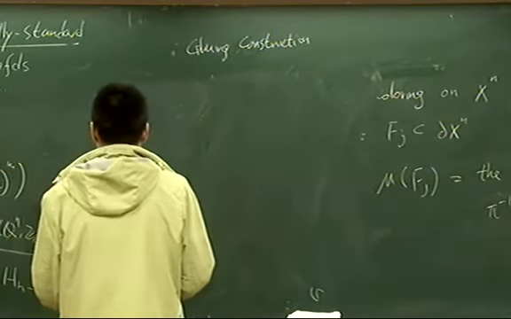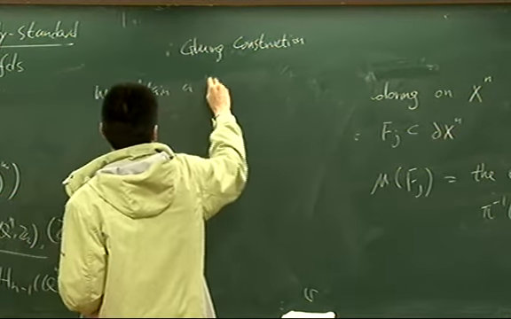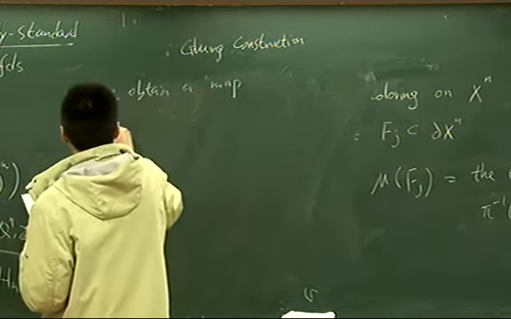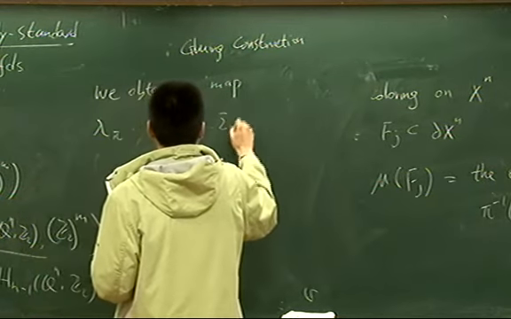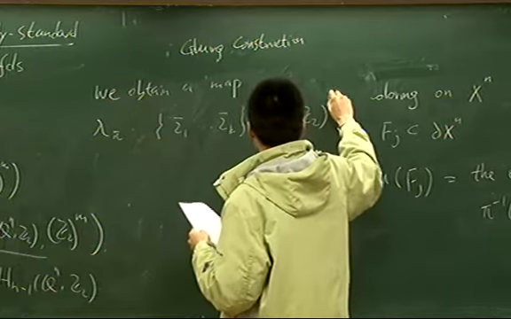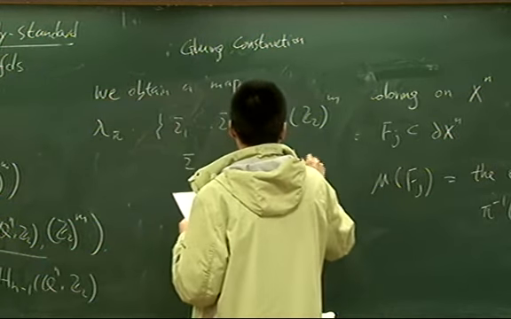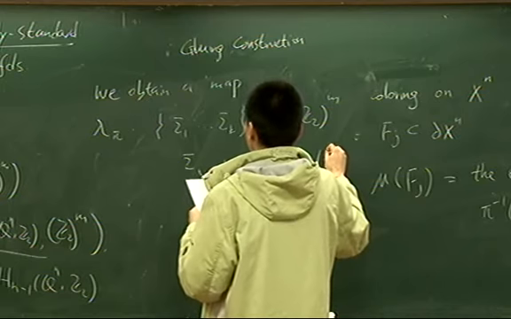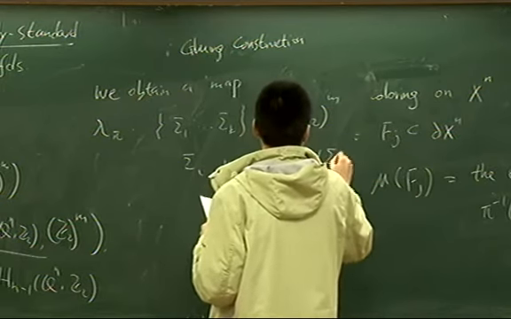So we obtain a map lambda pi from this basis to Z2m, which assigns a value to gamma pi of sigma i.